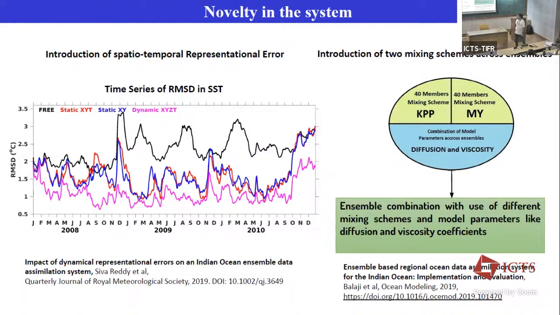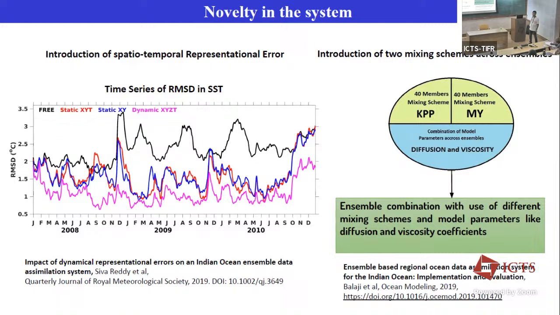So what this data assimilation system does differently from other data assimilation systems is two things. One is the use of spatiotemporal representation errors. Most data assimilation systems do not have a spatiotemporal representation error in their system. The other novelty is the use of two mixing schemes. I have 80 ensembles, and I divide them into two.